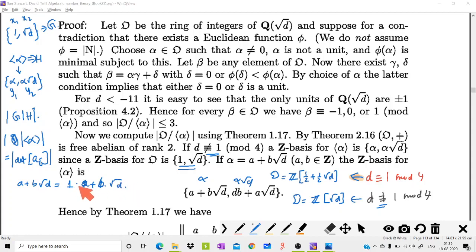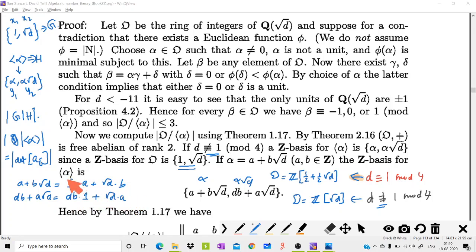I'll write it as 1 into a plus root d into b. And we'll write db plus a root d as db times 1 plus root d times a.